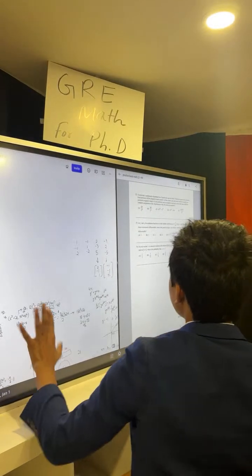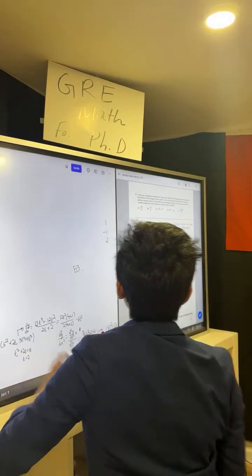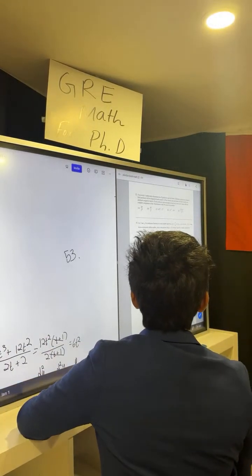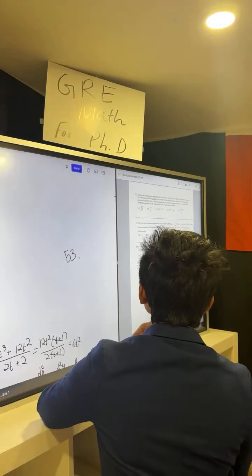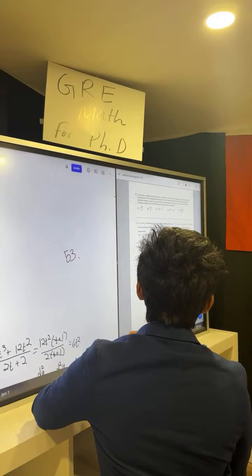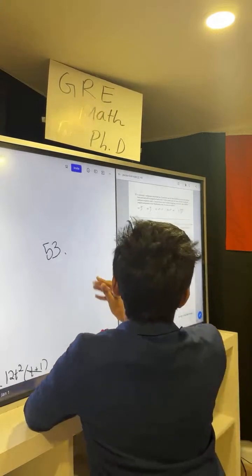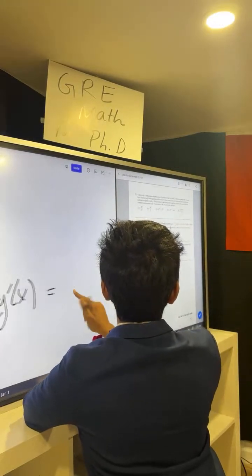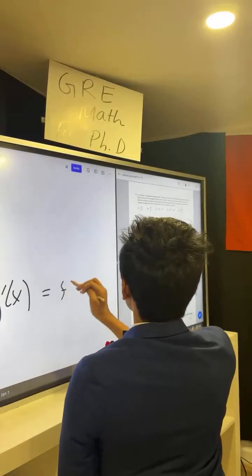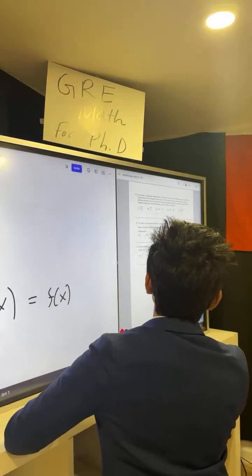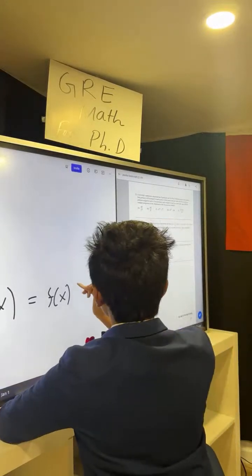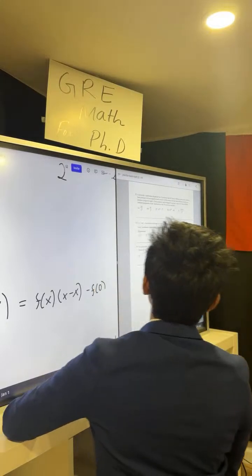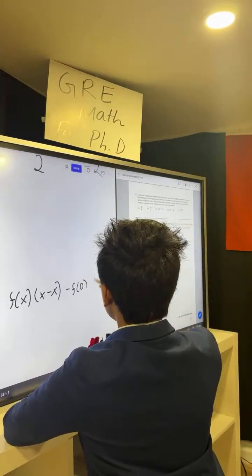Okay, let f and g be continuous functions of a real variable such that f of y times y minus x dy, okay? G is 3 times differentiable. So g prime of x is what? It's f of x times x minus x minus f of 0 times 0 minus x.